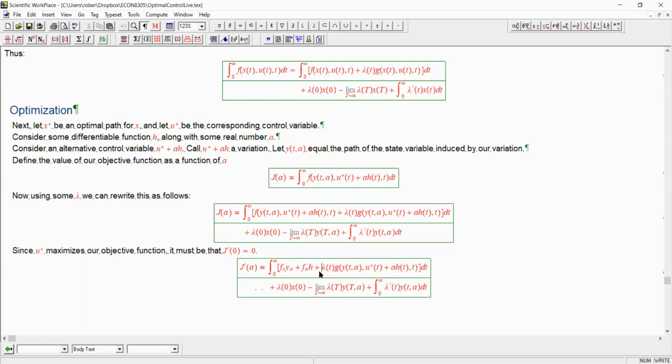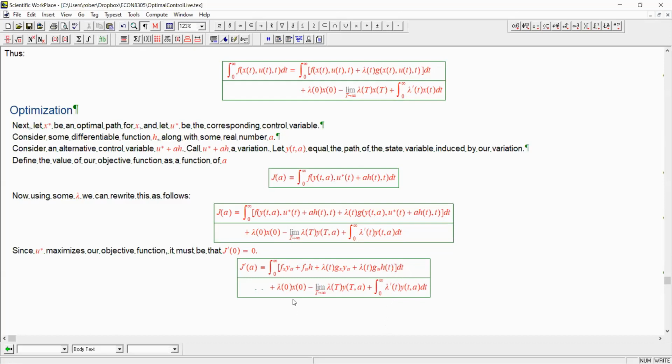Next, we have to differentiate this term with respect to a. And once more, it shows up both in the first argument and the second argument. So we're going to get lambda times g sub x times y sub a, plus lambda t times the derivative of g with respect to the second argument, g sub u, times the derivative of that with respect to a, which is just h.